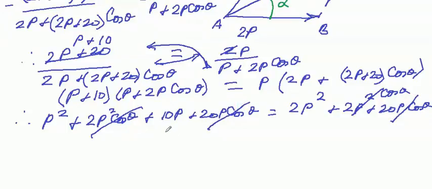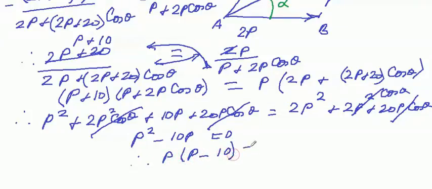So we have P square plus 10P equal to 2P square. So P square minus 10P is equal to 0. Therefore, P into (P minus 10) equals 0, therefore P equal to 10. That's the answer.